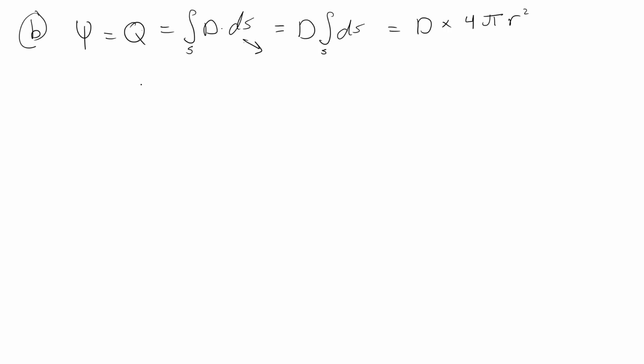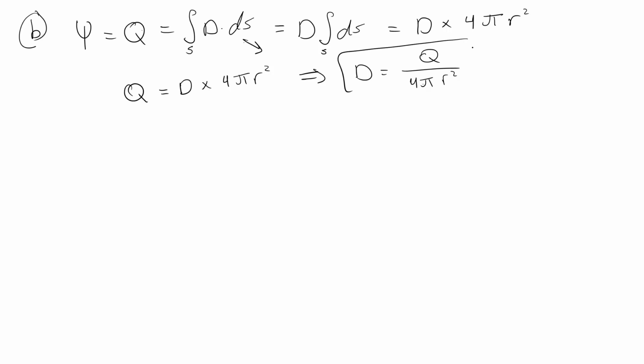So we can say that Q equal to D multiplied by 4 pi r square, and from here we can find that D equals Q over 4 pi r square.